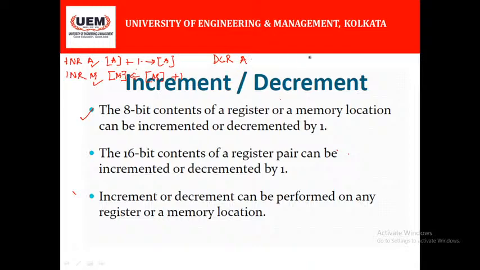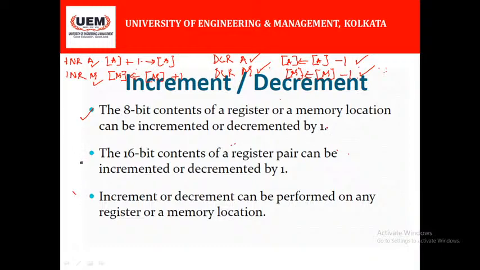DCR A represents that the value of the accumulator will be the value of the accumulator minus 1, and similarly DCR M represents that the value of the memory location M will be the value of memory location M minus 1. So this deals with the accumulator, this deals with the memory. In this case, the register content is decremented by 1. In this case, the memory content is decremented by 1.